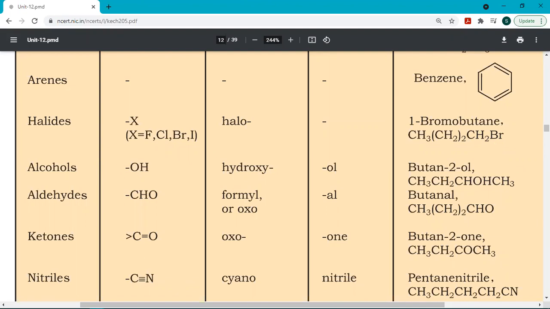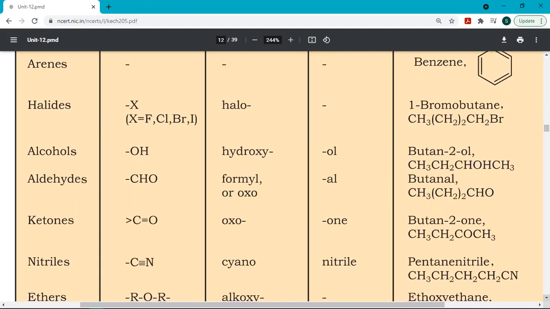Okay. Let's just move to the functional group, the difficult one, alcohol. Whenever you see OH group attached with your carbon chain, it means that is an alcoholic compound. For that, we use two things. Prefix we use is hydroxy, and suffix we use ol.